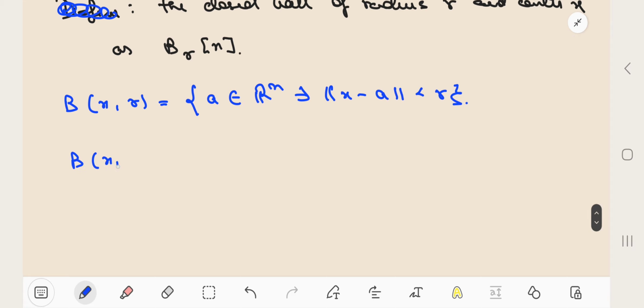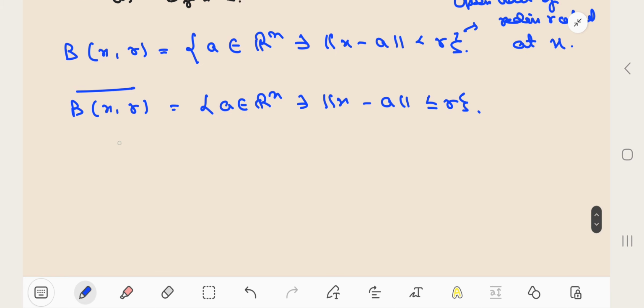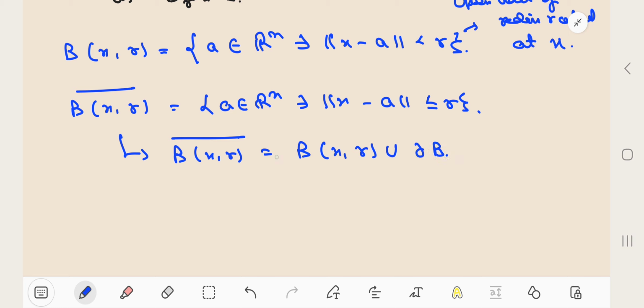And this is generally called the open ball of radius r centered at x. If I take the closure of this, then this will simply come out to be the elements such that the distance is less than or equal to r. So in a way, this closed ball with center x and radius r is nothing but the union of the open ball with center x and radius r, union the boundary of it.